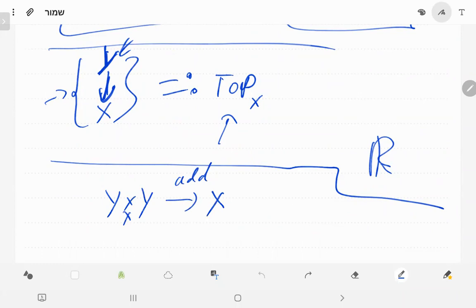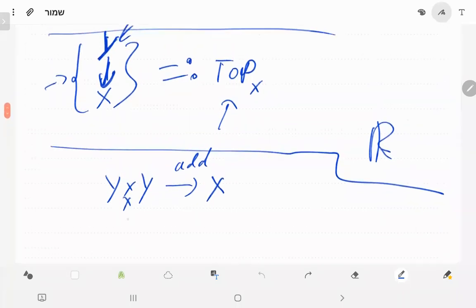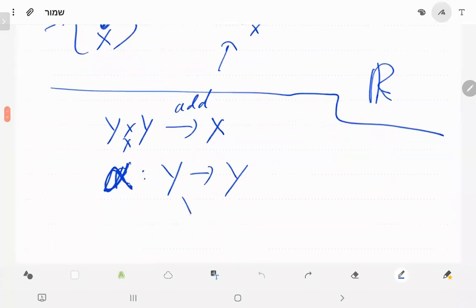You will have a scalar multiplication map: for any scalar alpha, you will have a multiplication by alpha from Y to Y over X. And the vector space axioms will be satisfied.